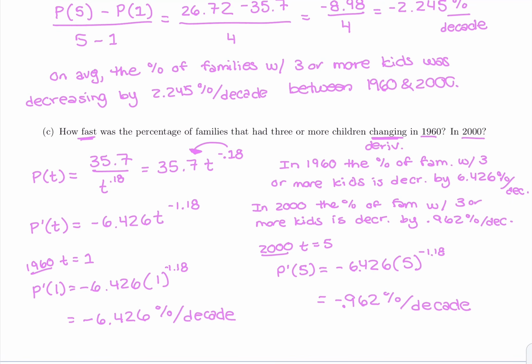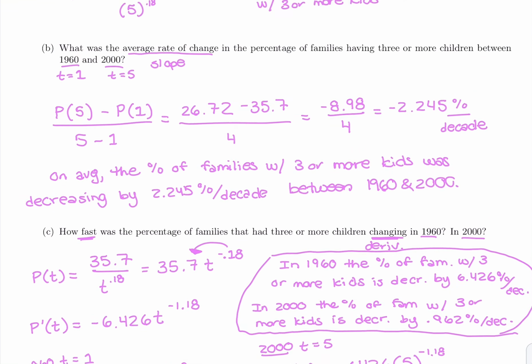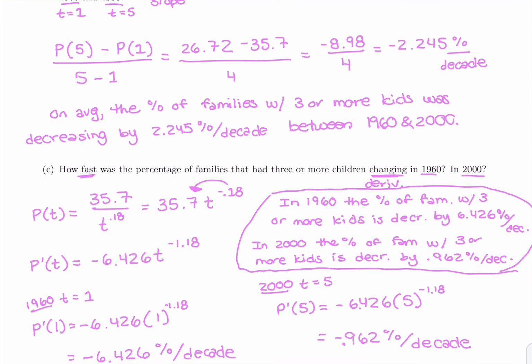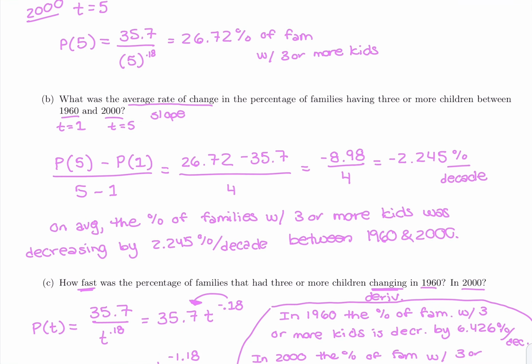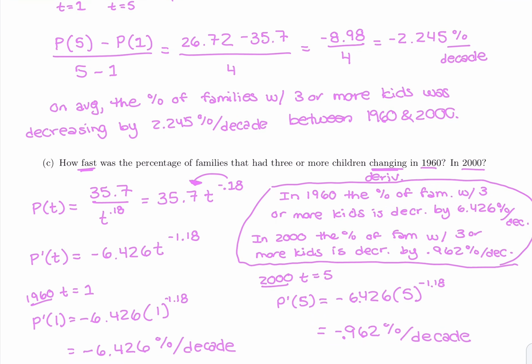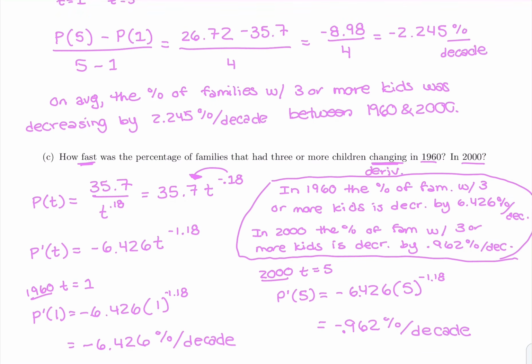They agree with that, the amount of families having 3 or more kids is going down. It makes sense that it's decreasing more sharply in 1960 just because there was a higher percent to start with. So they started with 37% or 36%, and it was decreasing by 6%. By 2000, there's already only 26.72% of families having 3 or more kids, so they can't drop that percent by like 30% because they're only at 27.